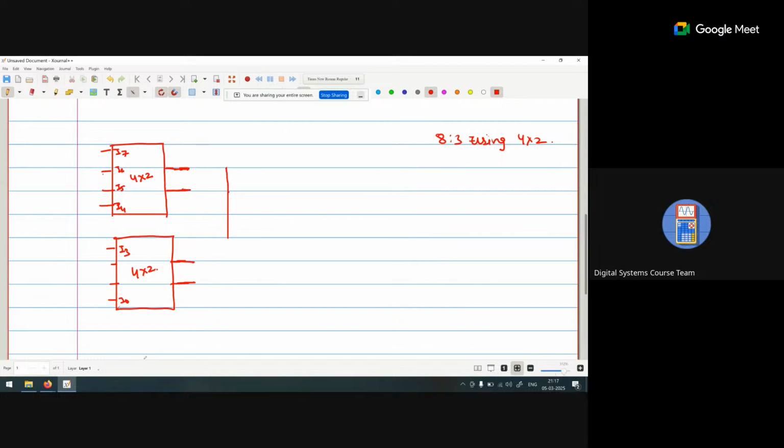Now if we use one more 4 cross 2 encoder, it has 4 inputs, 1, 2, 3, 4, and 2 outputs.